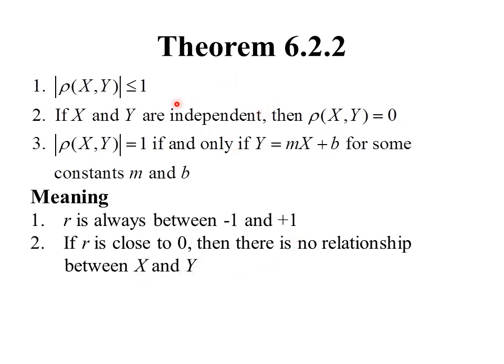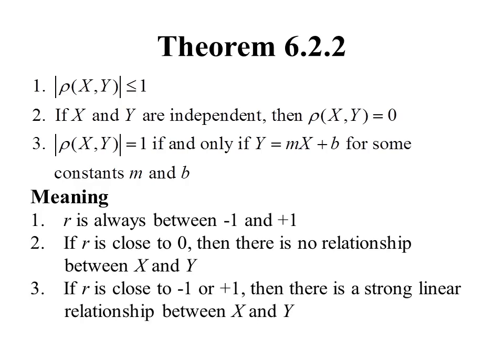Remember, this idea of independence means that one just isn't related to the other one. So if I get a value of r close to 0, that indicates there just is not a relationship between x and y. The third one is maybe the most important one, which says that if r is close to -1 or +1, then there is a strong linear relationship between x and y.